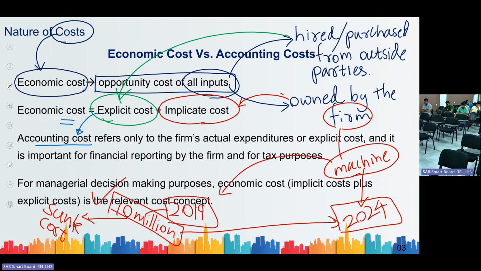So this cost of the machine, which is 10 million rupees, has already been incurred in 2019. So it's a sunk cost. We don't have to consider this sunk cost in decision making in 2024.